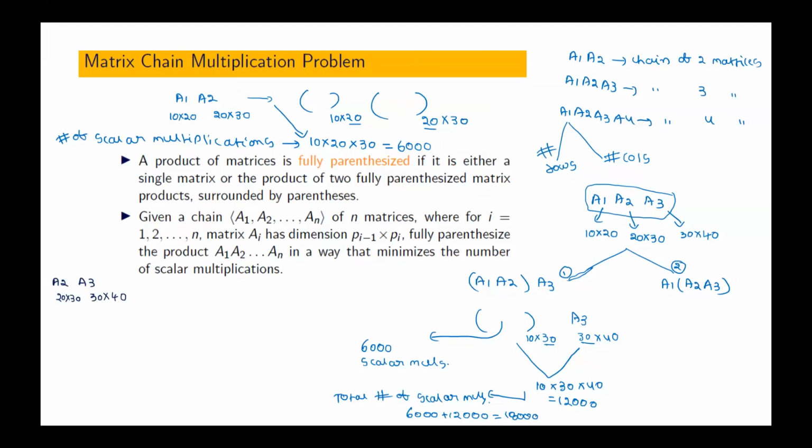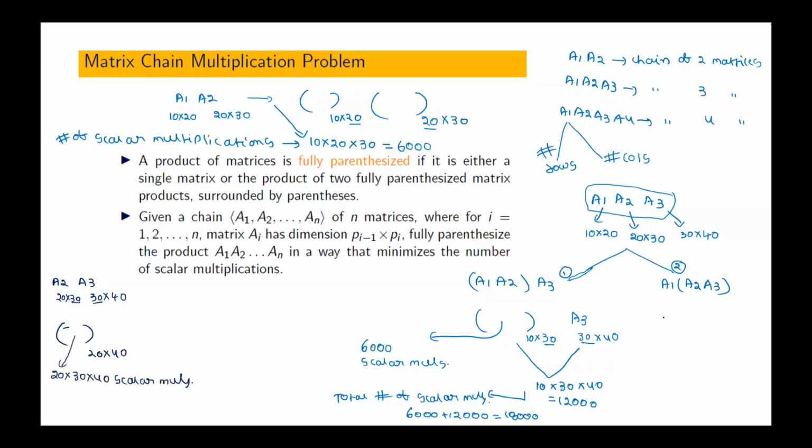The resultant matrix order is 20 by 40, and for each entry calculation, every row contains 30 entries and the corresponding column contains 30 entries. So for every entry, 30 multiplications we need to perform. Do all of you remember this? So in total, 20 into 30 into 40 scalar multiplications, that is 24,000.